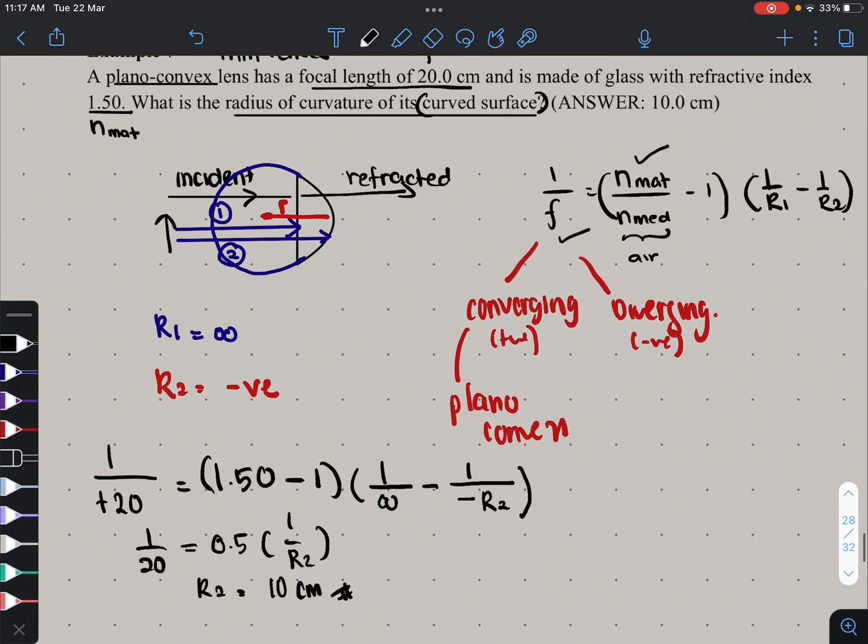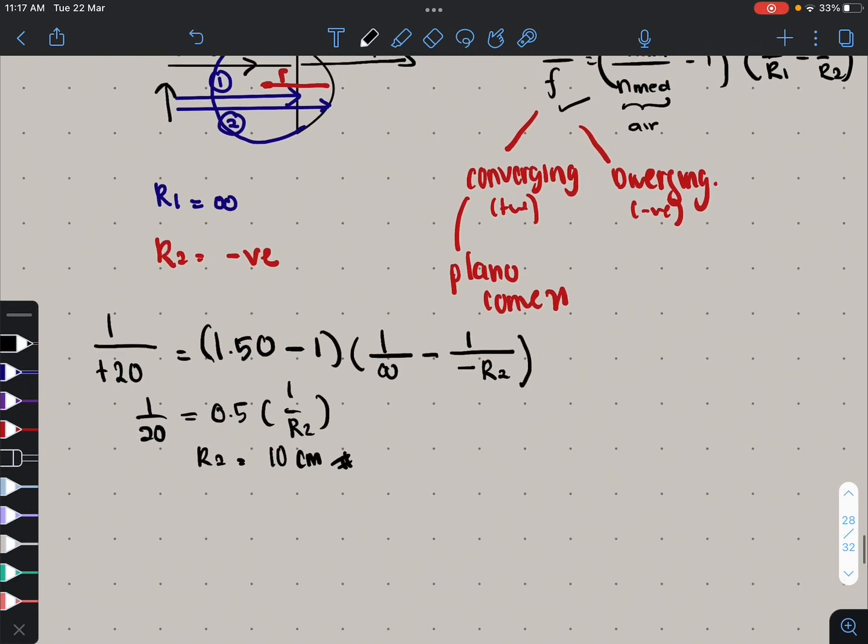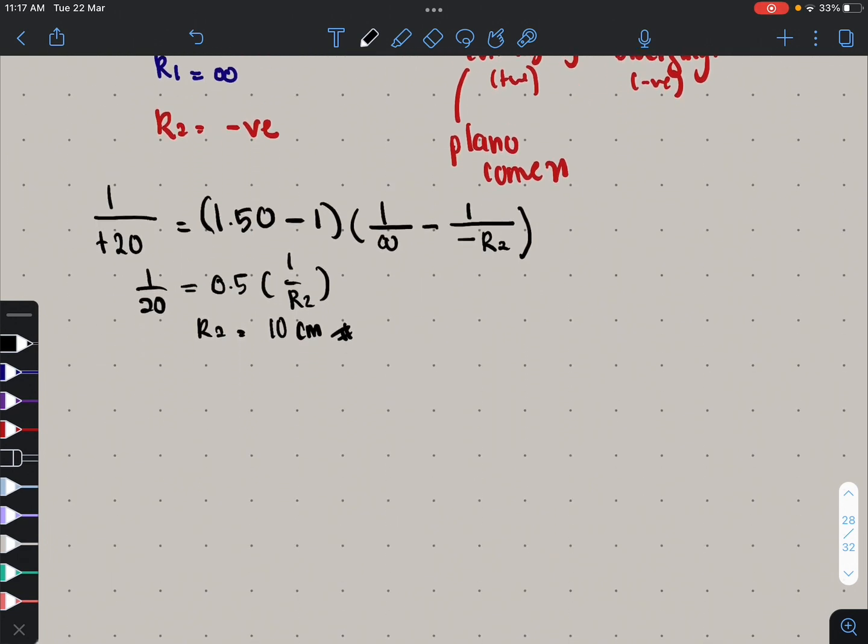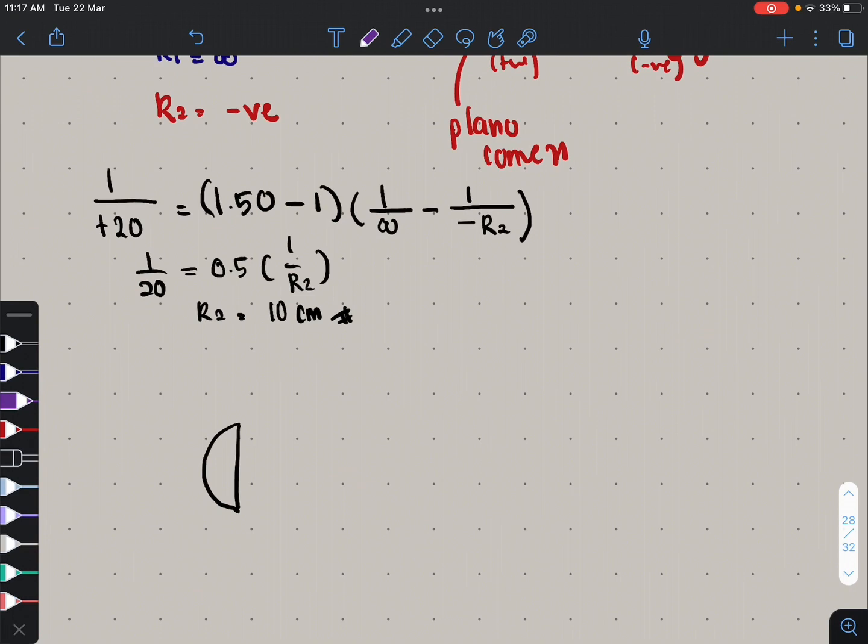It is also possible that you have drawn your plano-convex lens like this. This is also correct. If your plano-convex lens is drawn this way, we have the first surface where the object's ray is going to encounter, and the second surface.